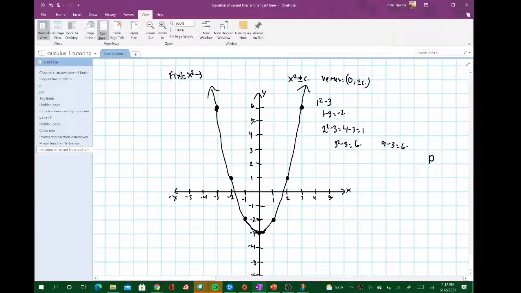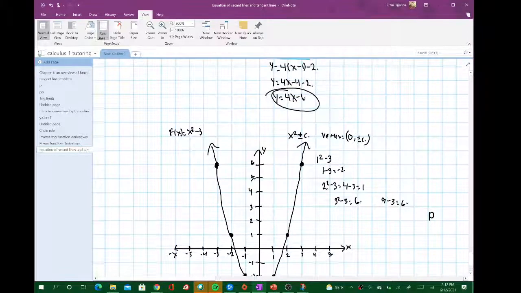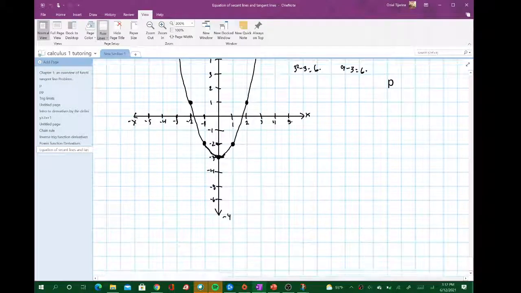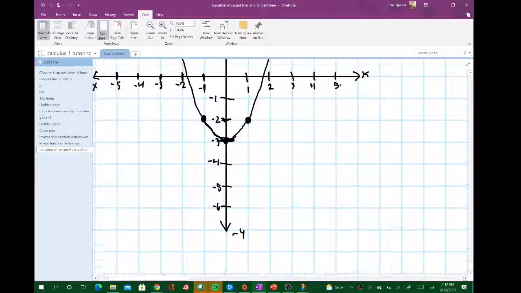Okay, and then to do the secant line, you're just gonna do 4x minus 6, and that's a linear equation. So we all know that the y-intercept is 0, negative 6, so it's right here. And let me actually do this in a different color.